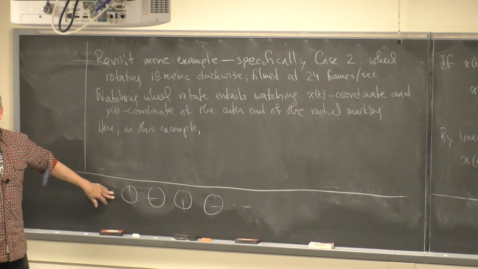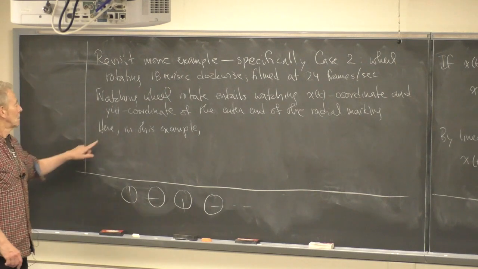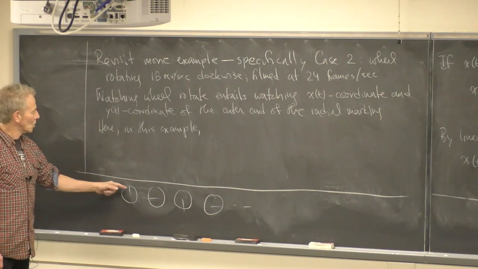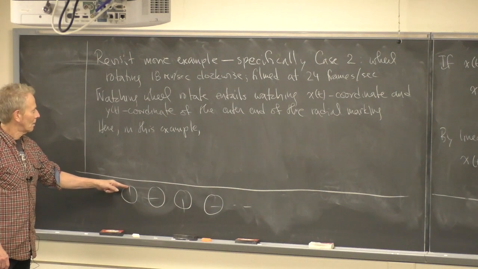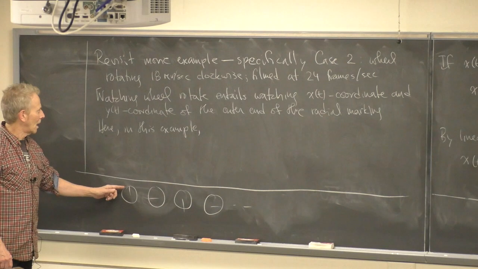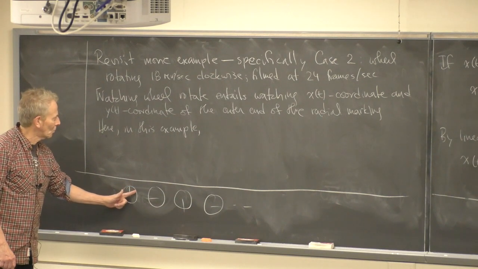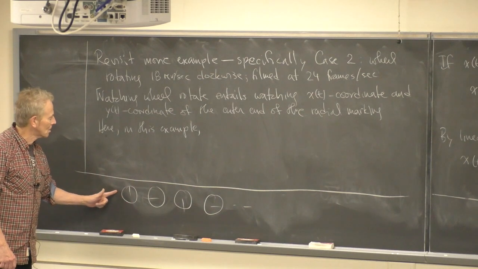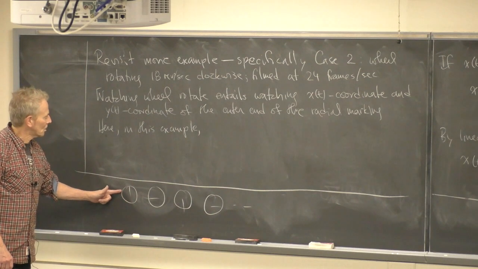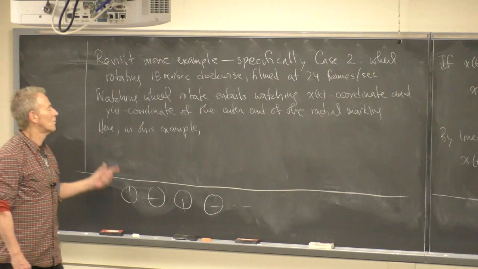In this example, the x coordinate starts at 0, and in real life this thing is rotating clockwise, so it increases up to 1, and then down to 0, decreases to -1, back to 0, up to 1. So it's following a sine function.